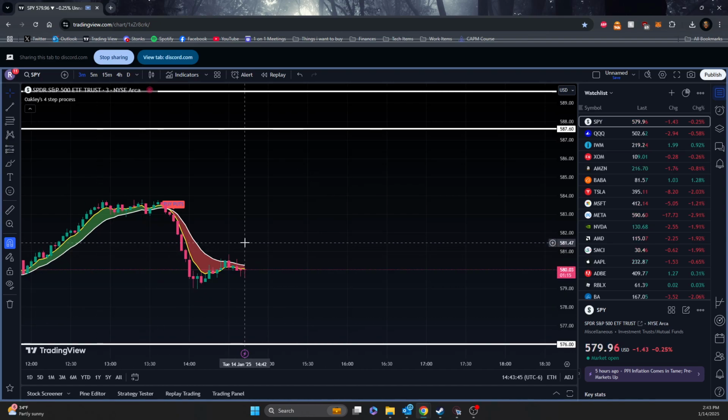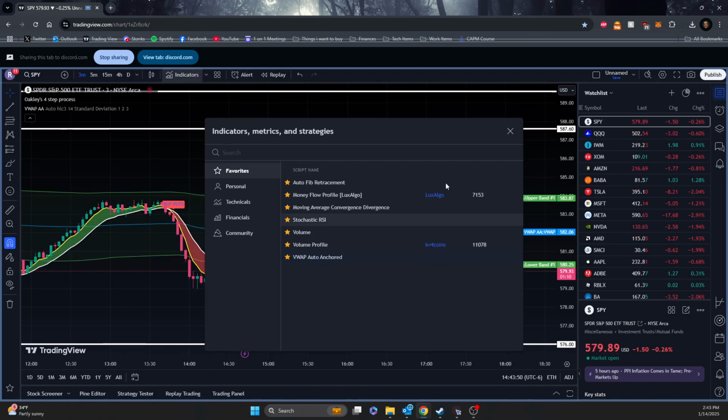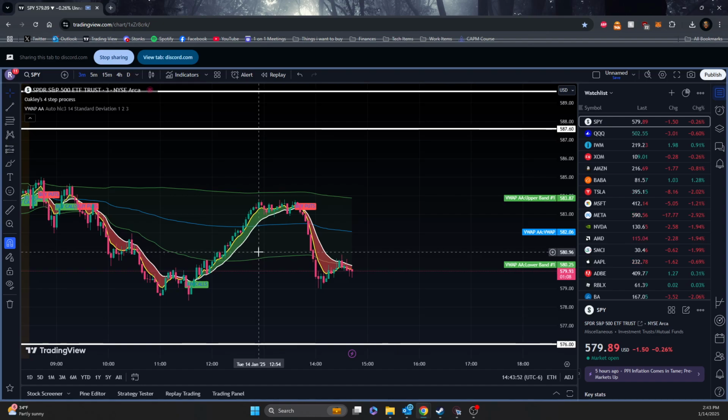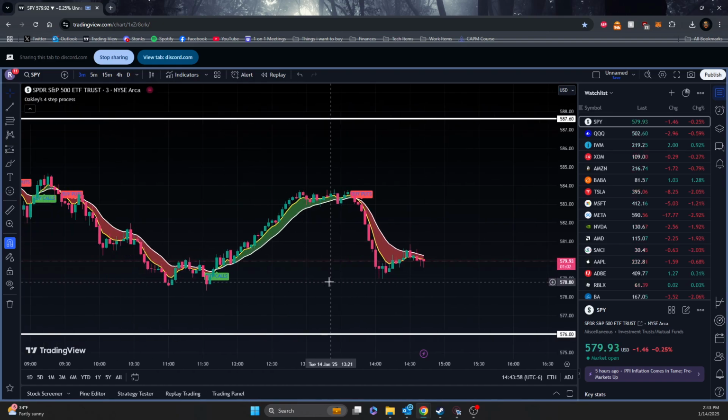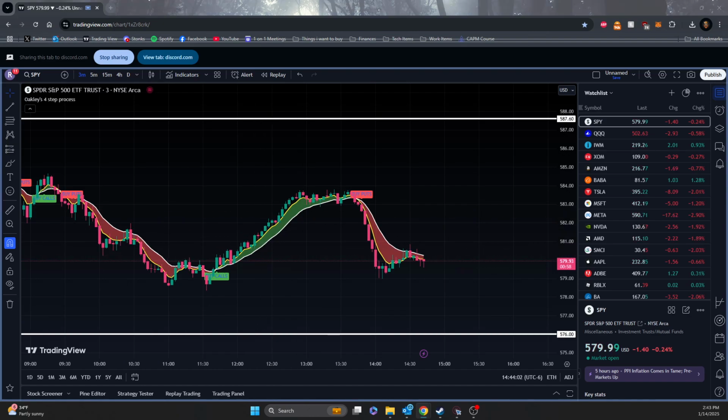No, I don't use a VWAP setup at all. No VWAP for me on my indicator. Yep, just EMAs. That's all it is. And that's why I felt kind of bad when I told Champ I would do this class and kind of how to use my indicator and the process, because it's so simple.